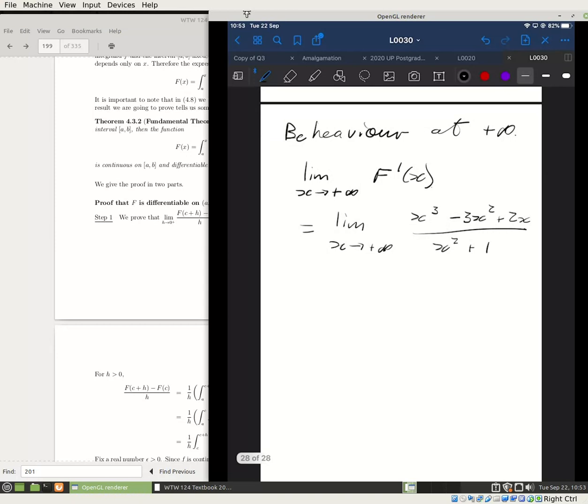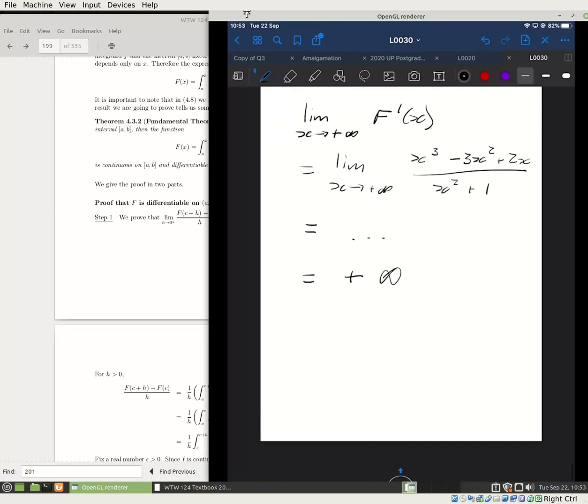Okay, but if you squint a little bit, I will leave this as an exercise. We see here the derivative of big F goes to plus infinity.